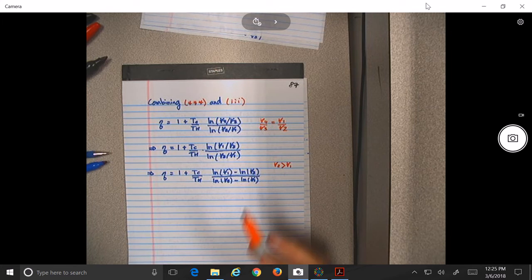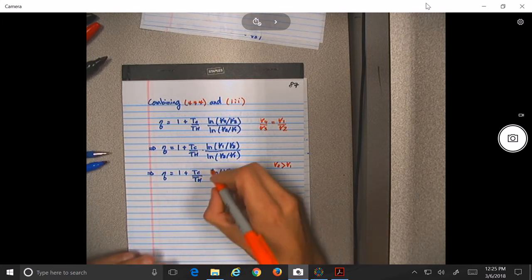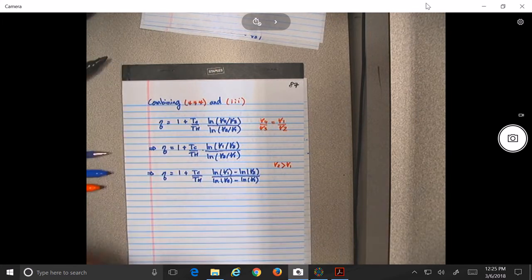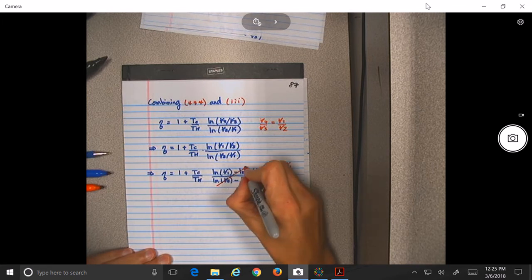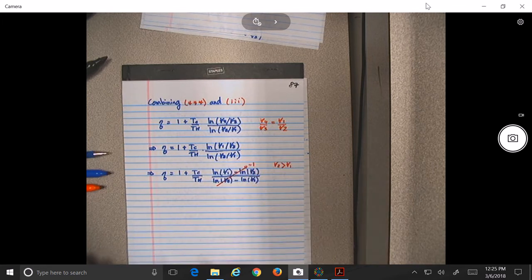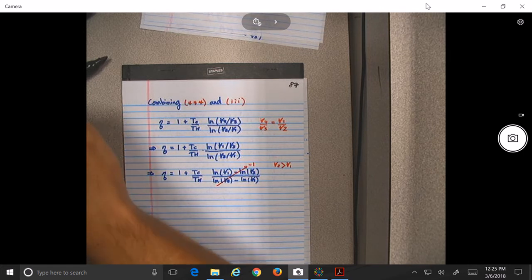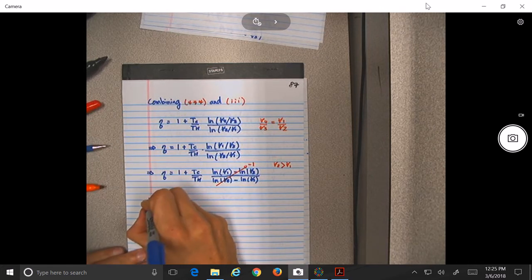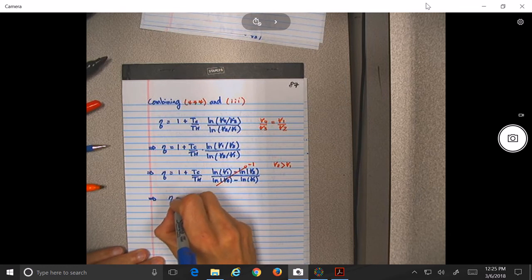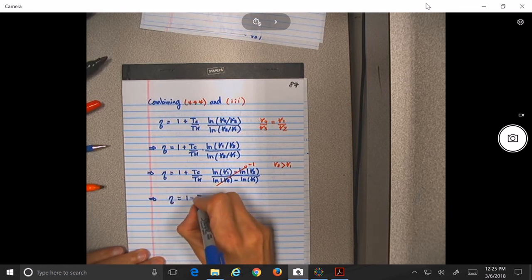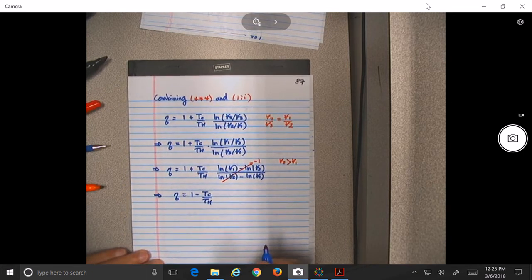So negative over positive. All this term is equal to minus 1, no? And the happy ending of this story is that this is equal to 1 minus Tc over Th.